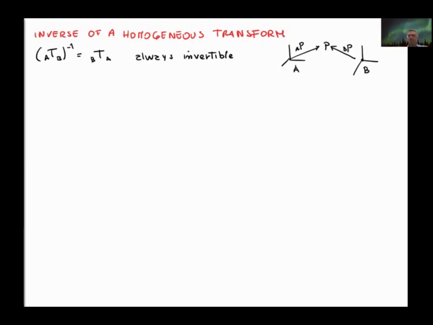Now, what about the inverse of a homogeneous transform? We can always derive an inverse of homogeneous transforms. It always exists, and it's the same thing as swapping the frames A and B as we did for the orientations, for the rotation matrix.